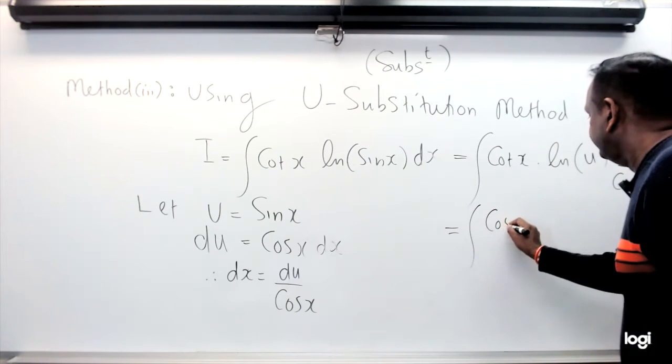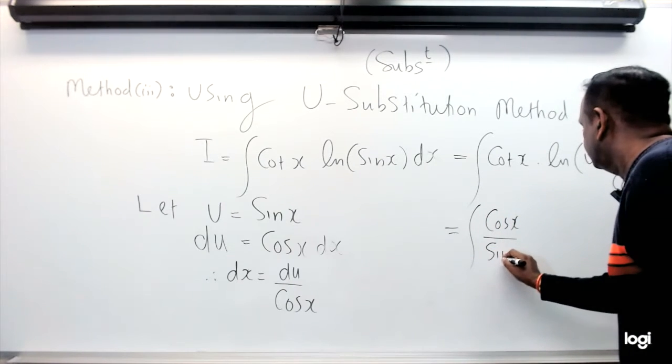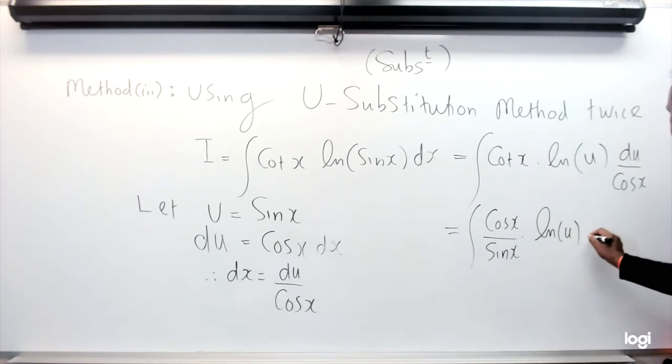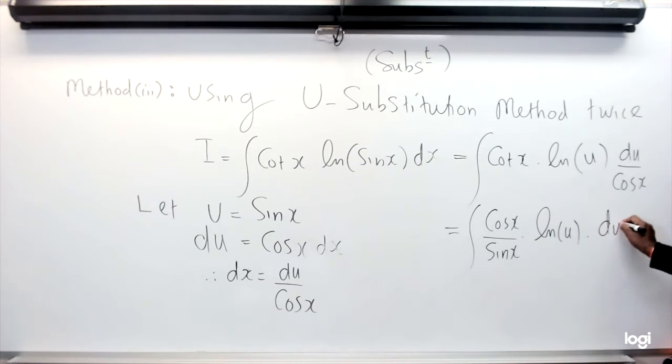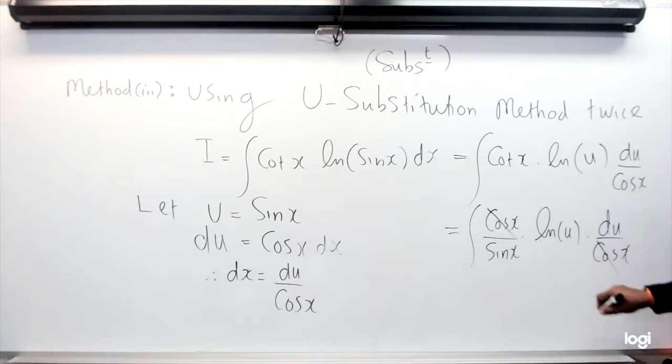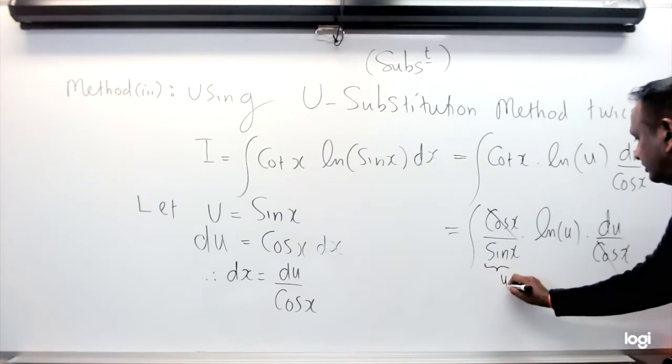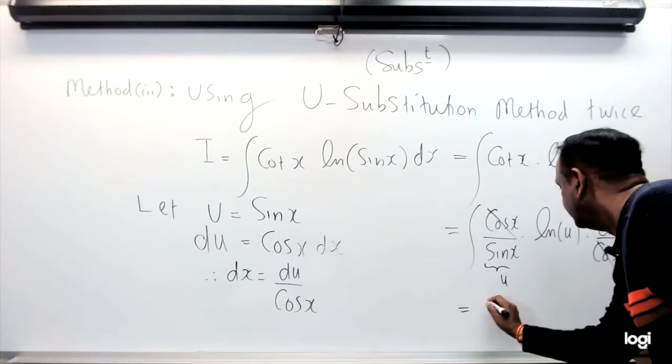This means cos x over sine x times ln u, because I'm trying to get all the terms in terms of u, du over cos x. This one gets cancelled off. This sine x can be replaced with u.